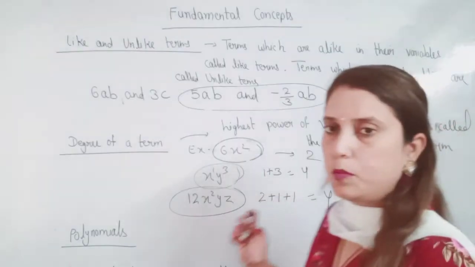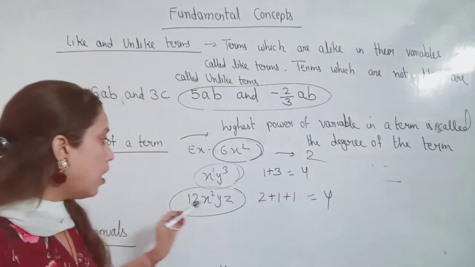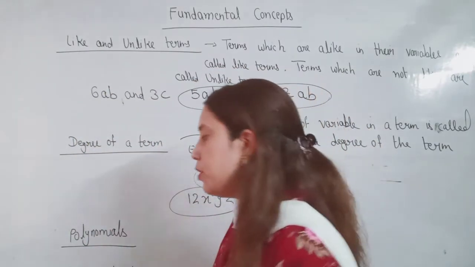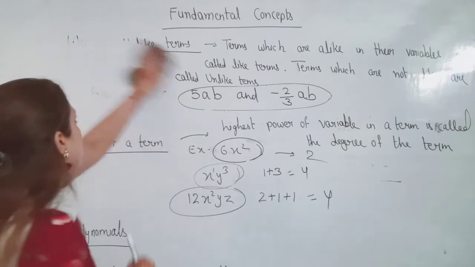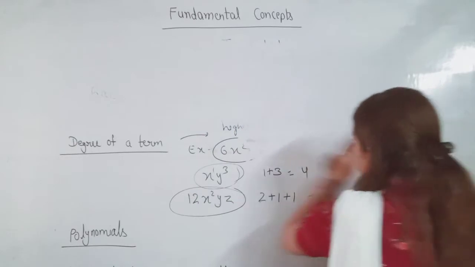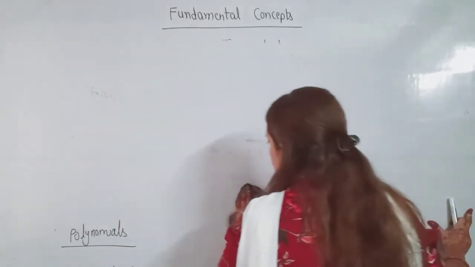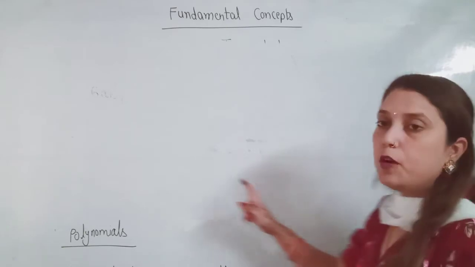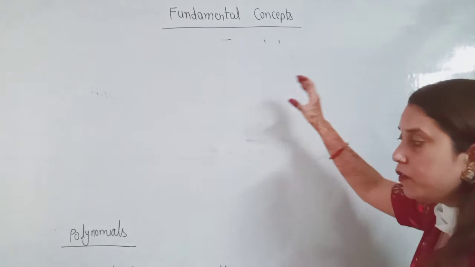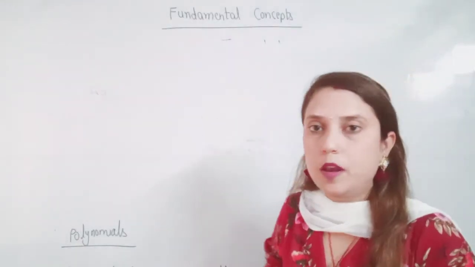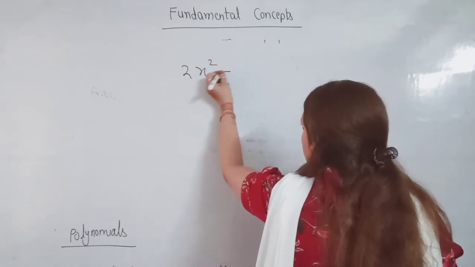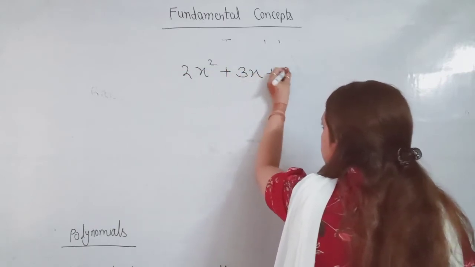Okay, now hope you all have understood how to find the degree of a term. Now next is polynomials. What is a polynomial? A polynomial is an algebraic expression in which the degree of the variable is always a whole number. Suppose we are having an algebraic expression 2x square plus 3x plus 2.